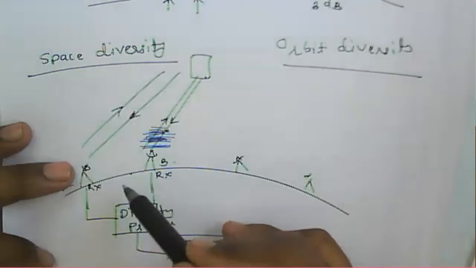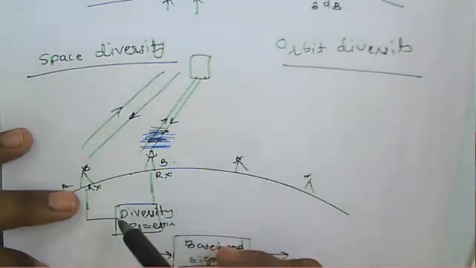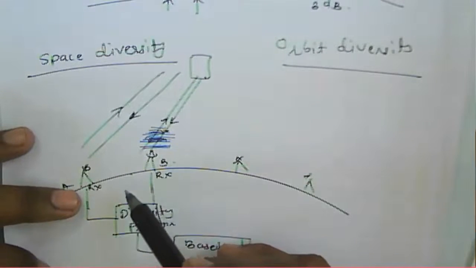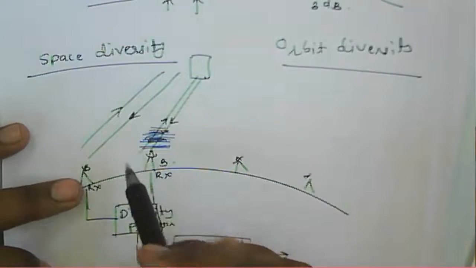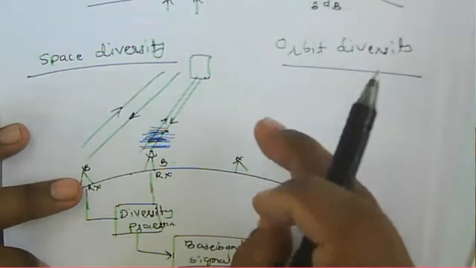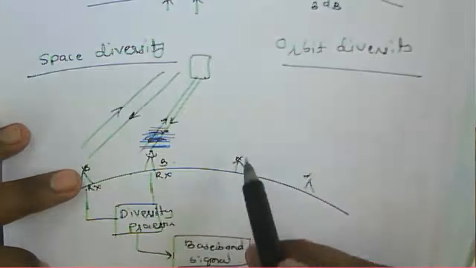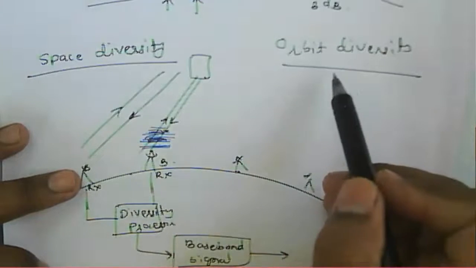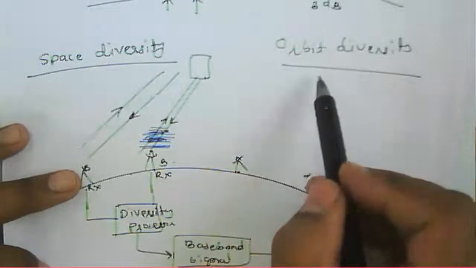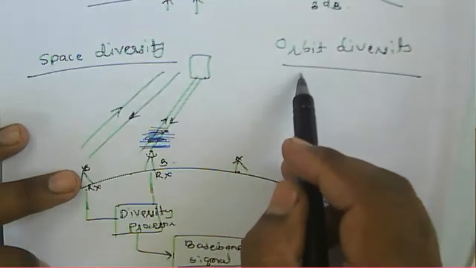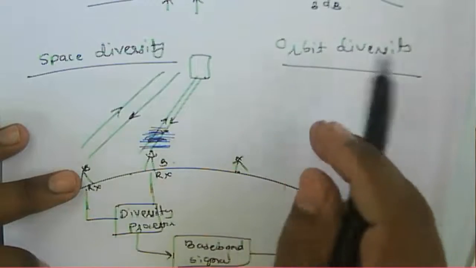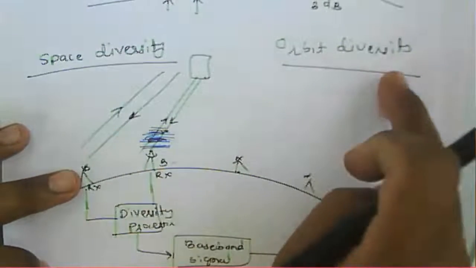In the receiver Earth station, the ground terminal will receive the signal from the two satellites, because these two satellites are separated in the same orbit. That is nothing but an orbit diversity.